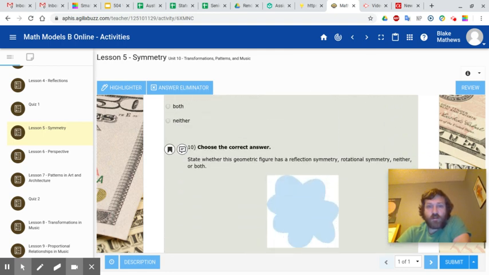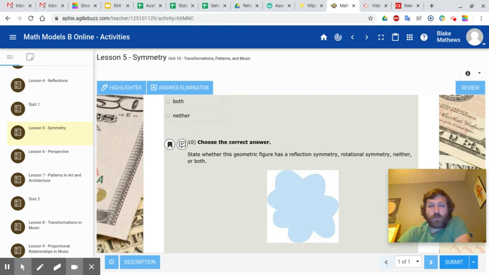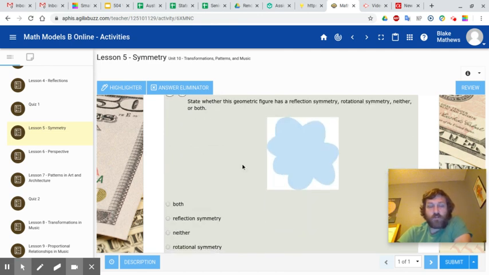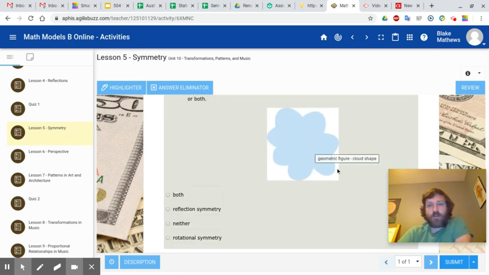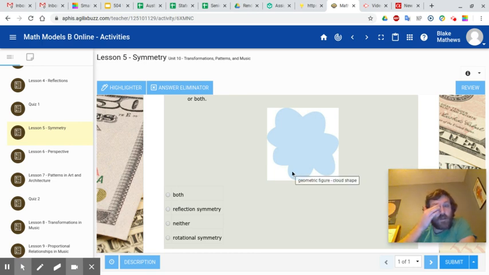Do these meet the rules for symmetry? You really just have those two, reflection and rotation, and then it could be neither and it could be both. Looking at number 10, for example, that's pretty clearly none because it isn't going to be reflective and it isn't going to be rotational.